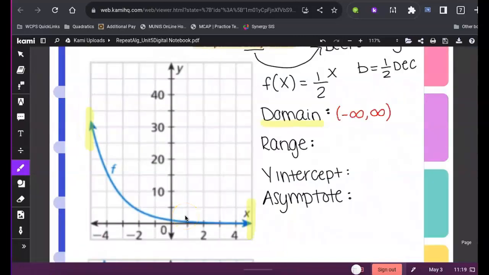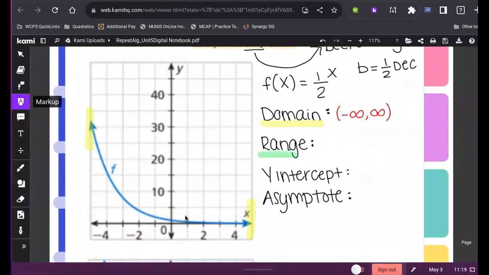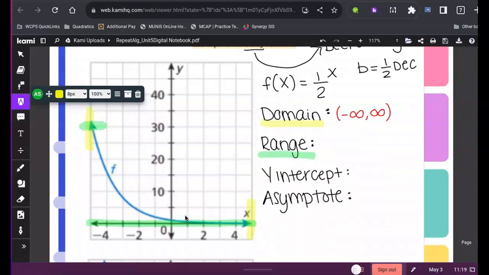So remember, our range is the y values. So I'm going to do the range in a different color. So we go from the lowest part of the graph, which is not technically just on the arrow. It's that whole line is the bottom of the graph. And then the top of our graph, the highest y value, is on an arrow.